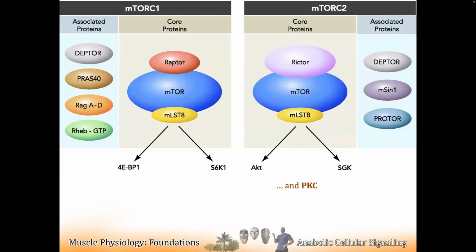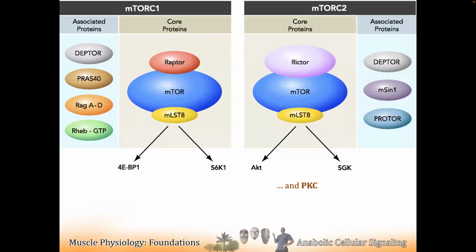SGK, that regulates epithelial sodium transport. It helps integrate some hormonal effects. Nothing you need to know. mSin1, that's helpful in mTOR complex 2 formation, but it's also a recruiter for SGK, so mTOR can phosphorylate it. And then PROTOR is also involved in SGK phosphorylation, but you don't need to know the functions of these things, just the basics of complex 2.